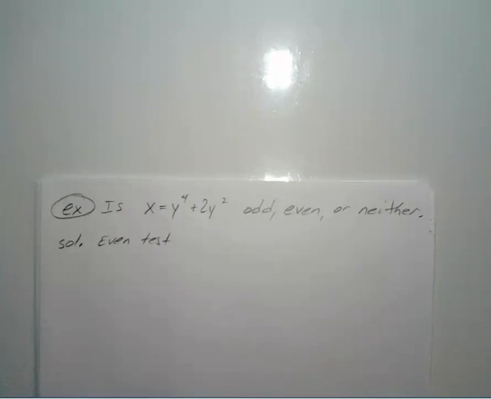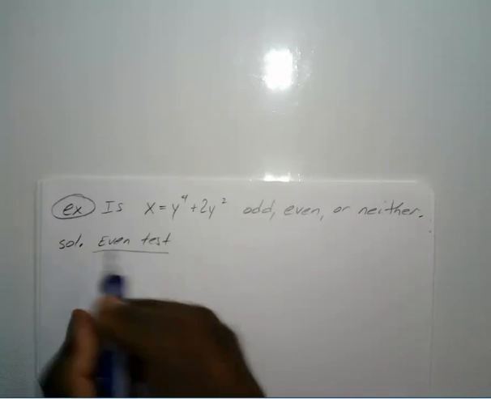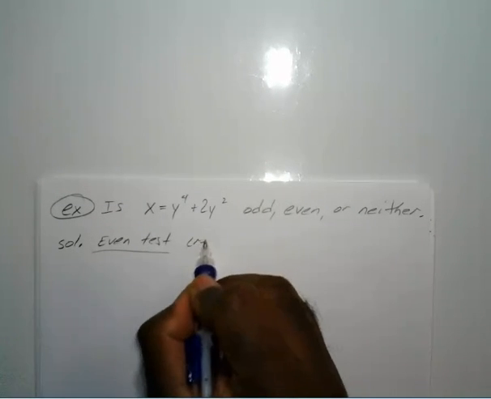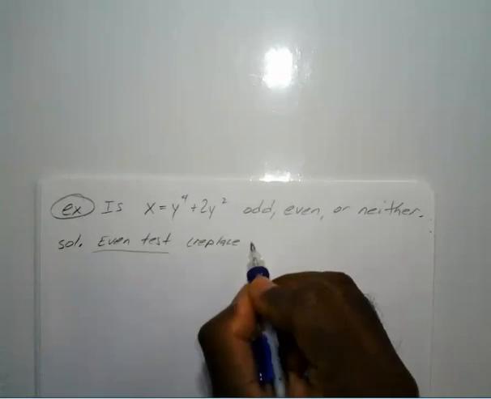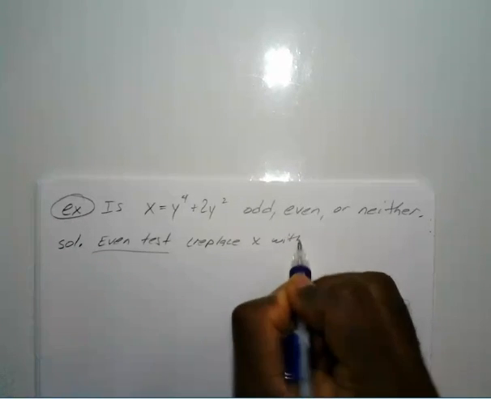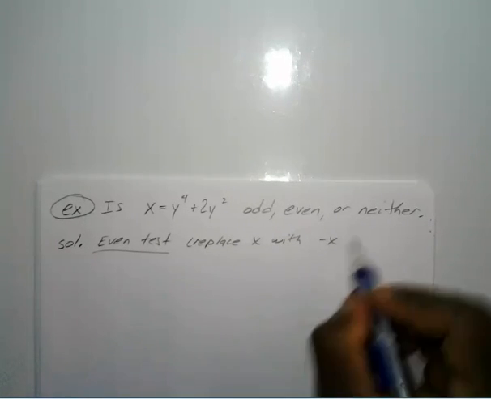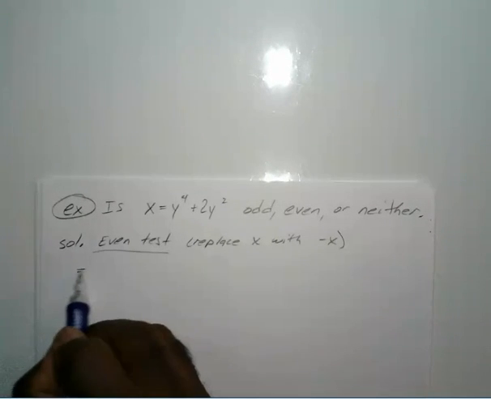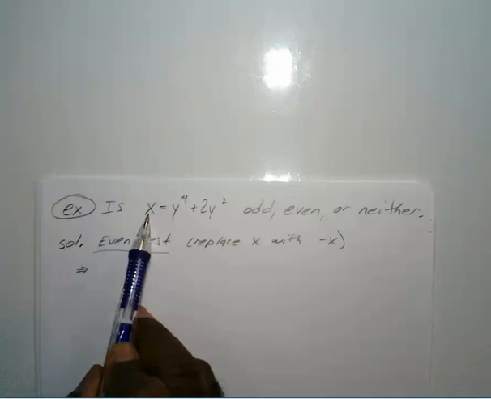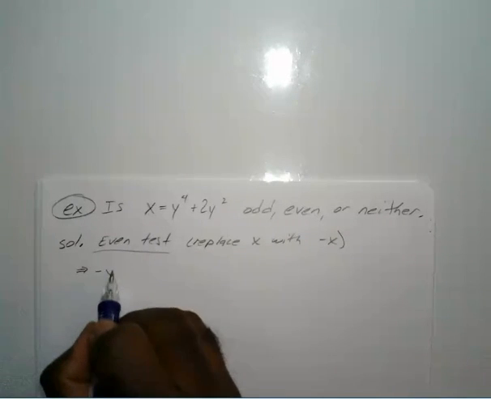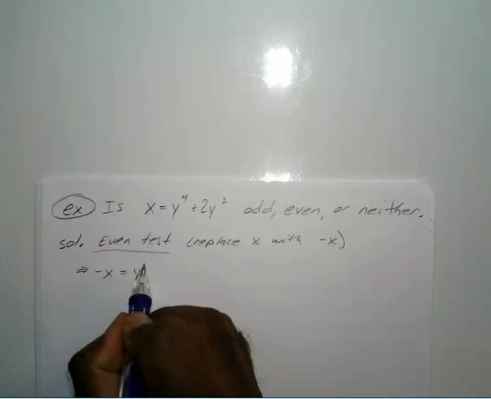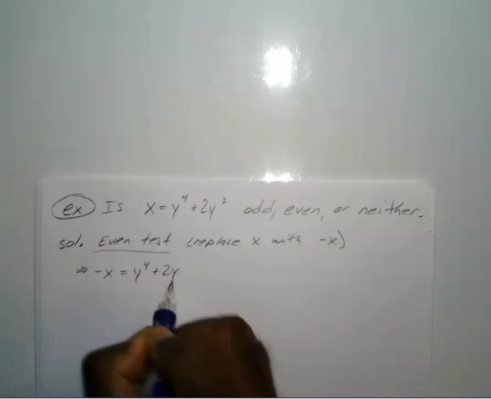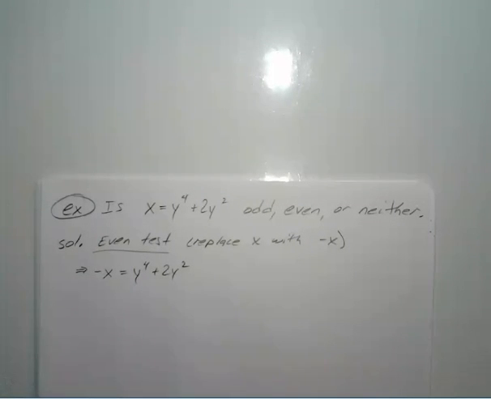Okay, as you know, you can replace x with negative x. So if we replace x with negative x, that gives us negative x equals y to the fourth plus 2y squared.